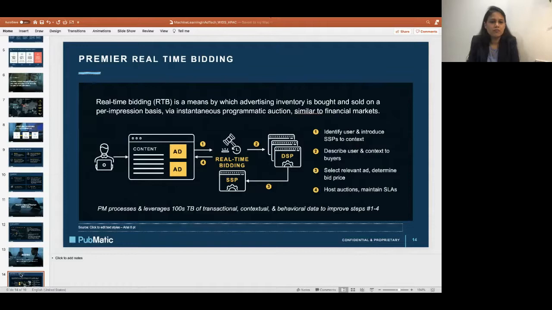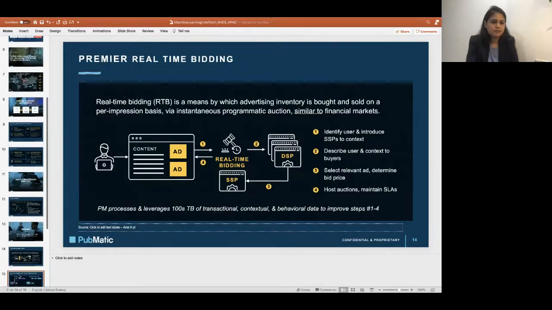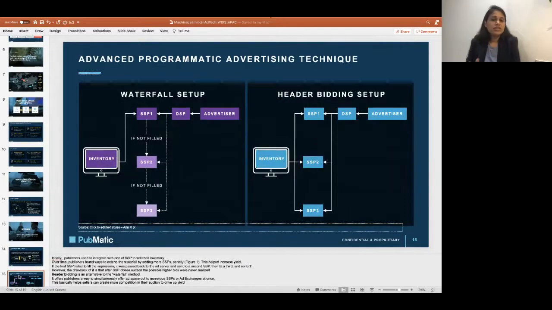Now, after understanding how real-time bidding works, or how SSPs send requests to multiple DSPs, and how an ad gets served, let's also look at how a publisher gets integrated to an SSP. Initially, a publisher used to integrate with a single SSP in order to sell their inventory.